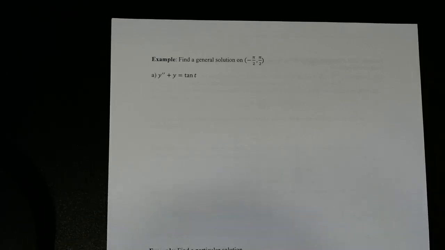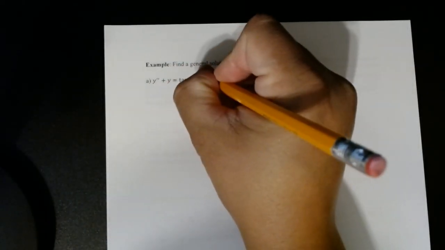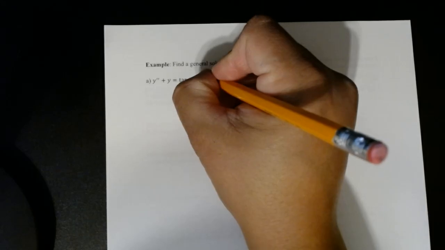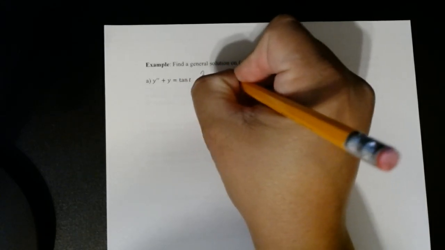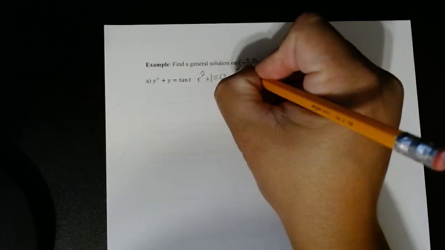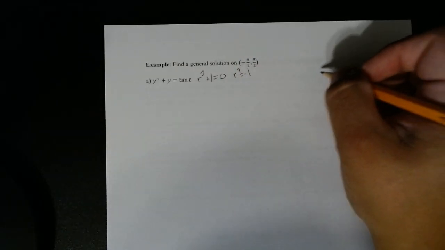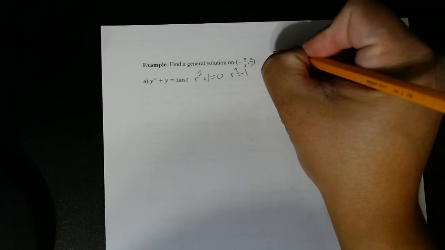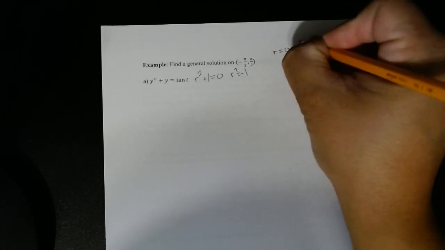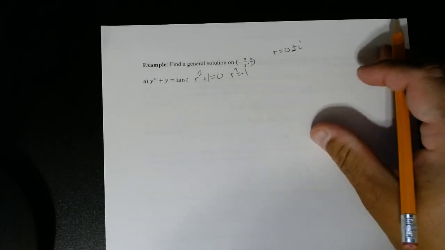That corresponds to going back to our characteristic equation. So we can get imaginary numbers. In this case, r is equal to 0 plus or minus i. We'll follow that format so we can use this process here.